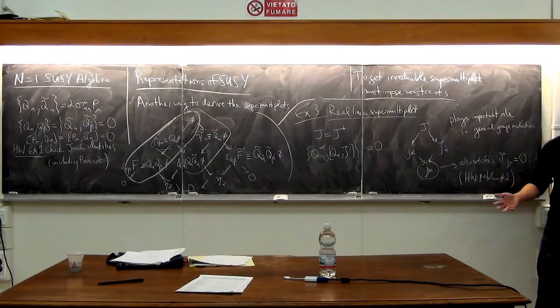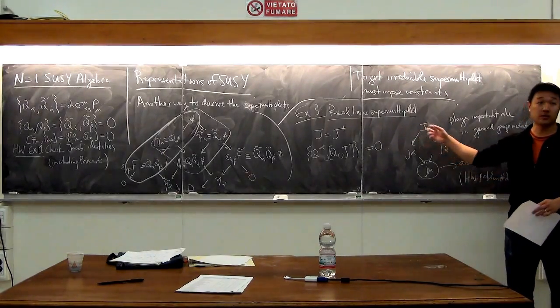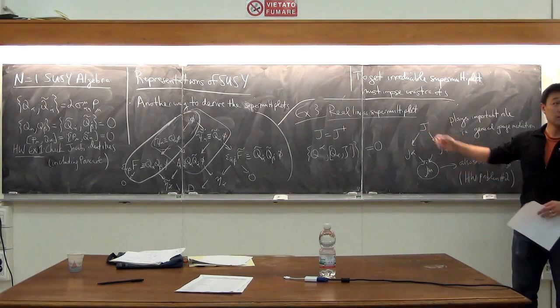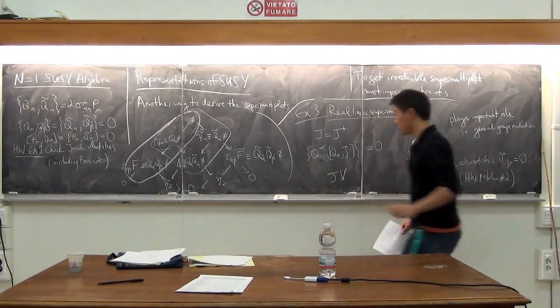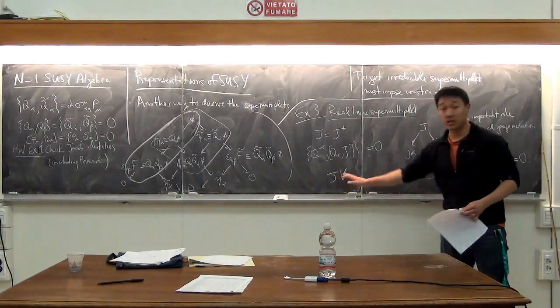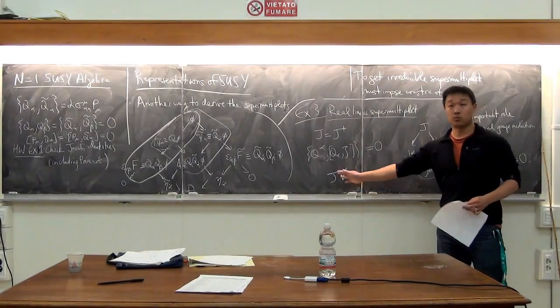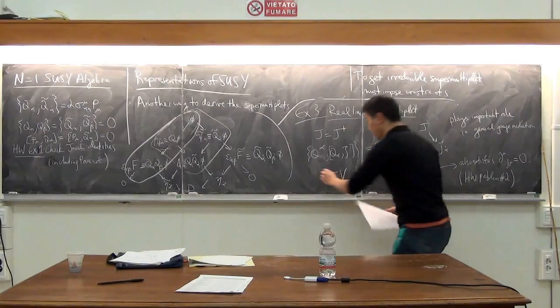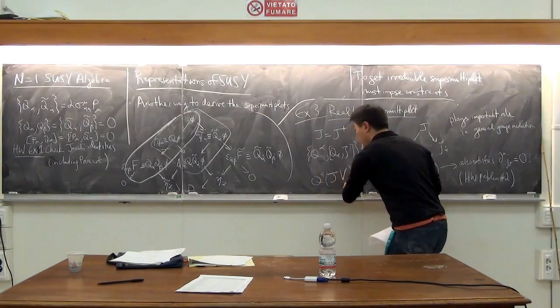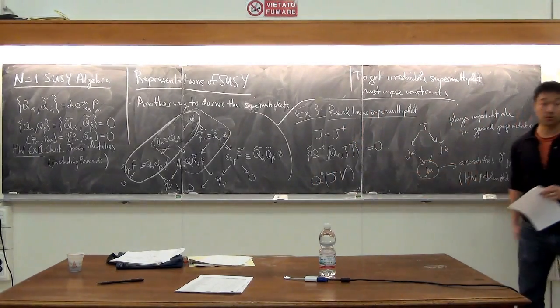The way you gauge a symmetry in general is you couple a vector field to its current. And the coupling of the vector field to the current in supersymmetry is just J times V with some integral over superspace. So it's Q to the 4th. Anyway, just getting ahead of myself.